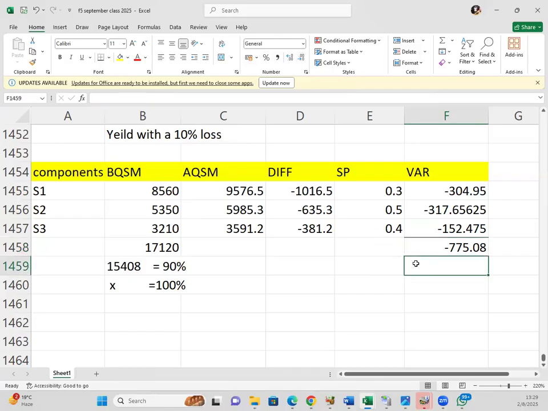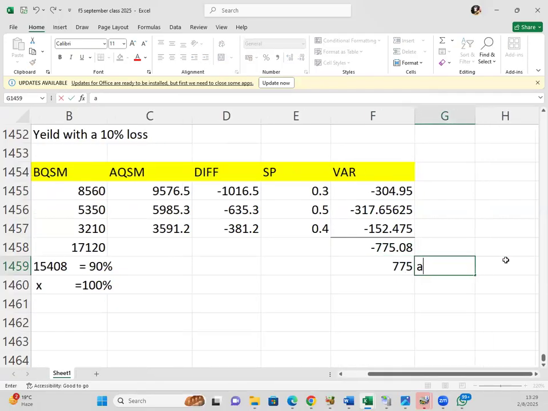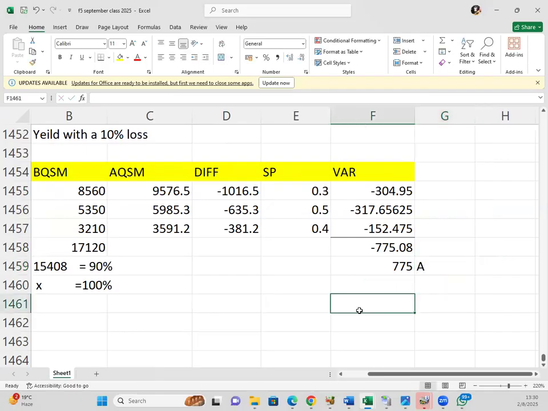So it's 775 adverse. 775 adverse, let's leave it here.